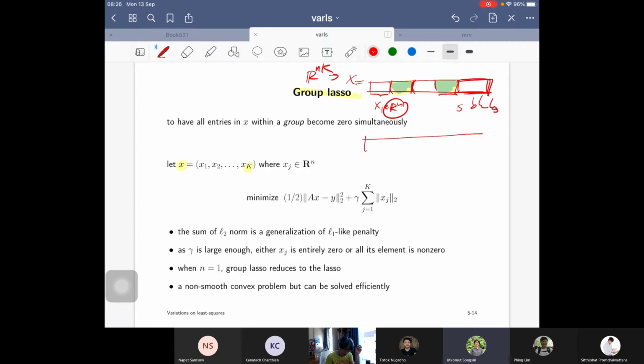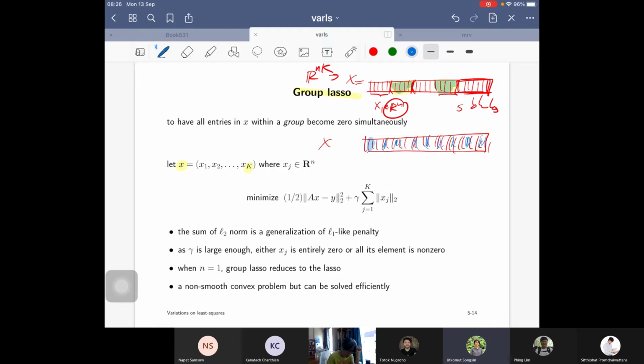If you use the lasso, each block contains sub-entries of x, so the regularization brings some sparsity in the entries of x, but the zeros don't occur as a whole block.